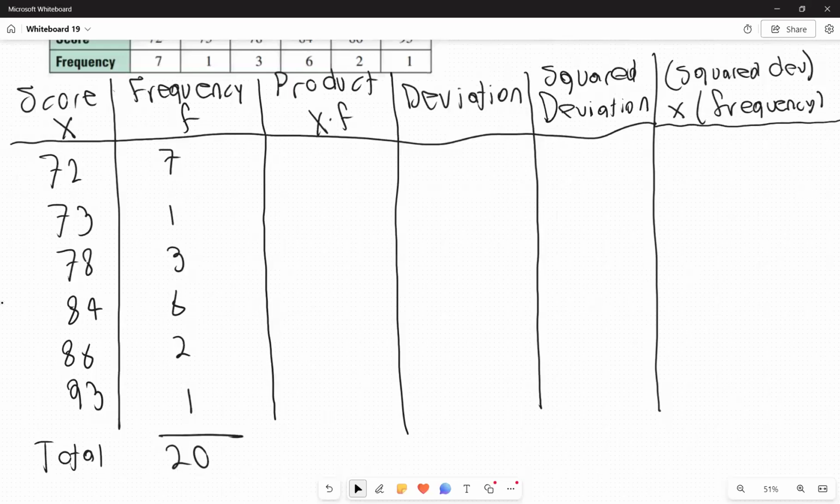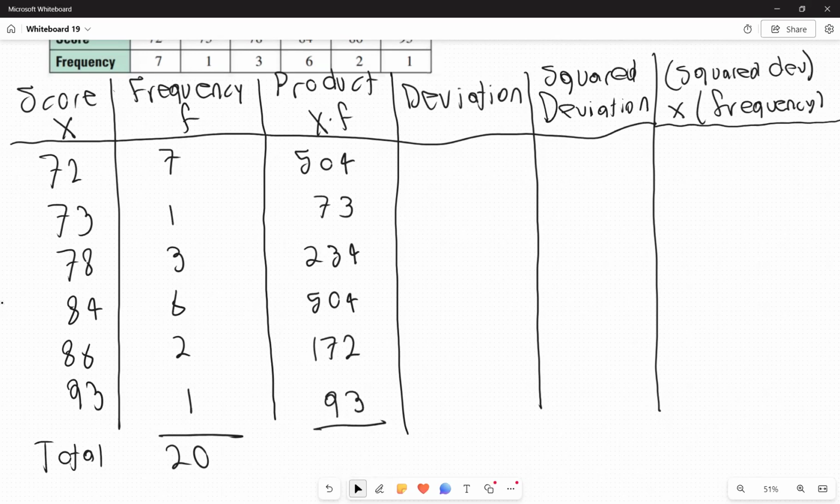We multiply each score by its frequency: 7 times 72 is 504, 73 times 1 is 73, 78 times 3 is 234, 6 times 84 is 504, 2 times 86 is 172, and 93 times 1 is 93.